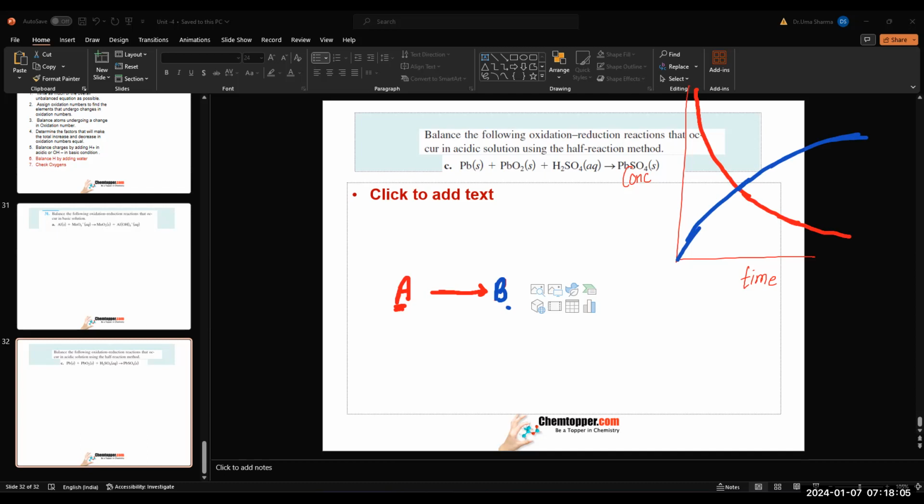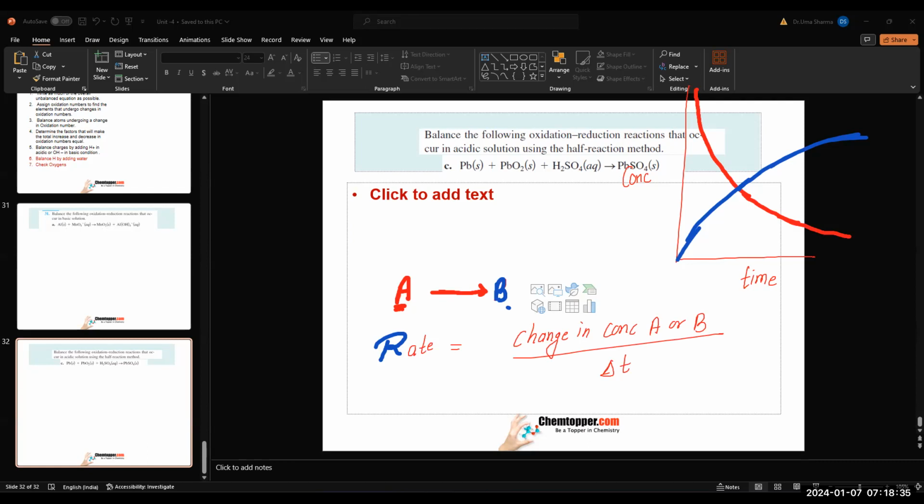Okay, now rate. Rate is defined as change in concentration of A or B over time. Whatever time is taken to change that concentration.